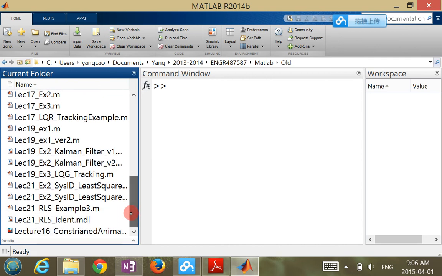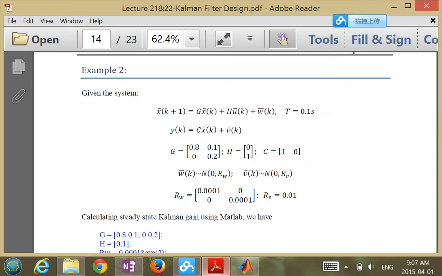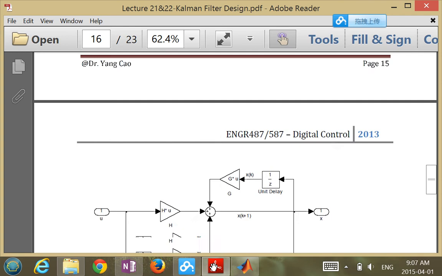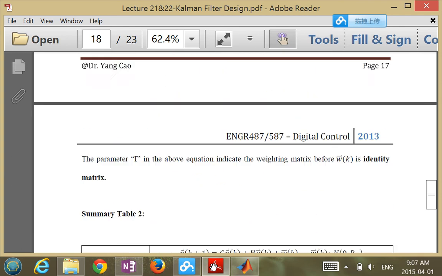For this example, this is actually one of the course projects that I did when I was a graduate student. It's a system we call a gyroscopic system.